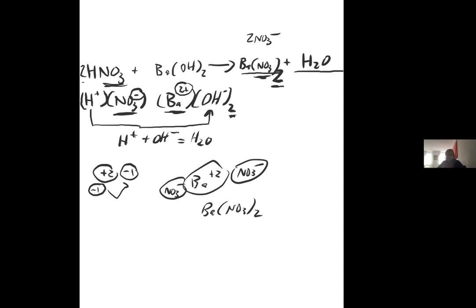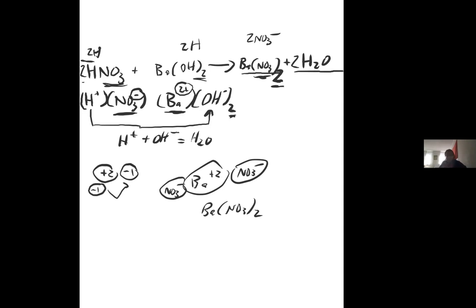But by having two nitrates, now you've got the issue with the water. If you count up your hydrogens, there's two H's here and two H's over here, so that's 4 hydrogens on the left side. You've only got 2 on the right, so put a 2 and you've got 2 waters.